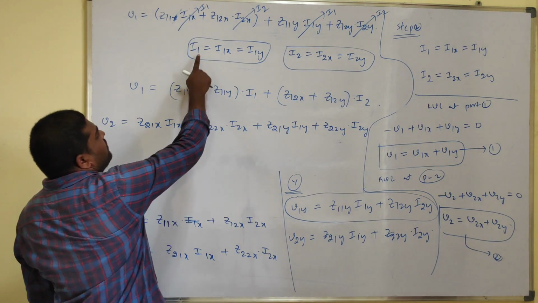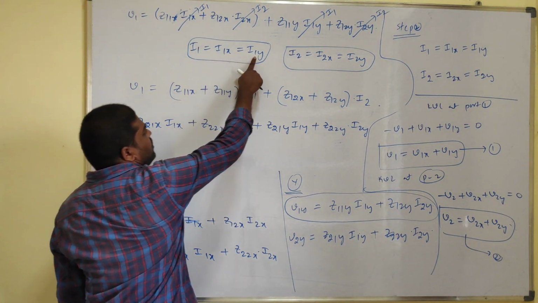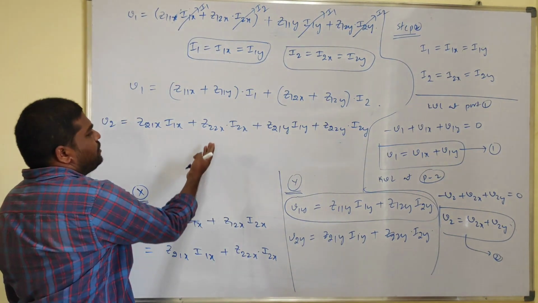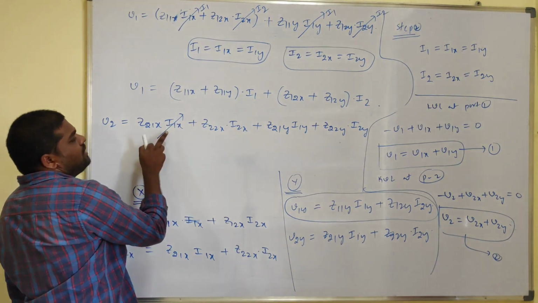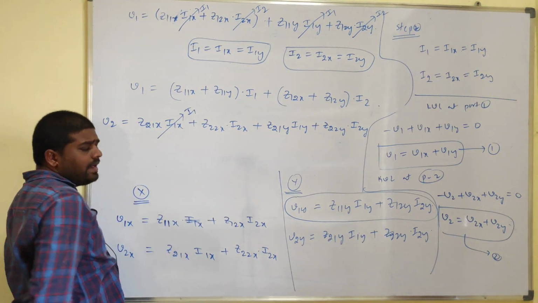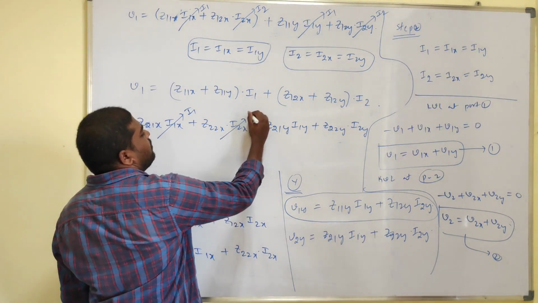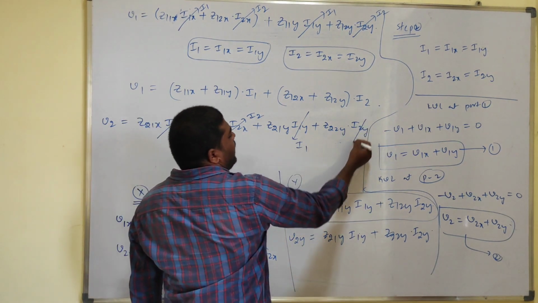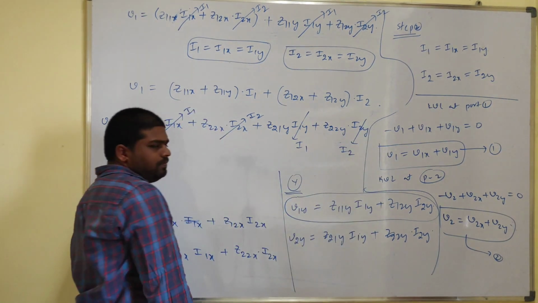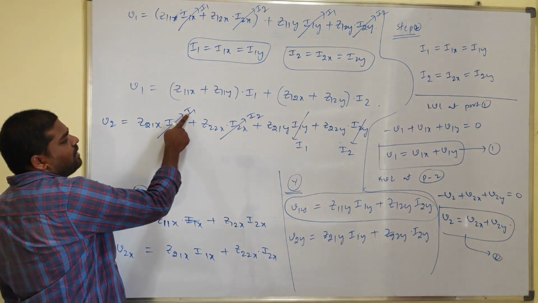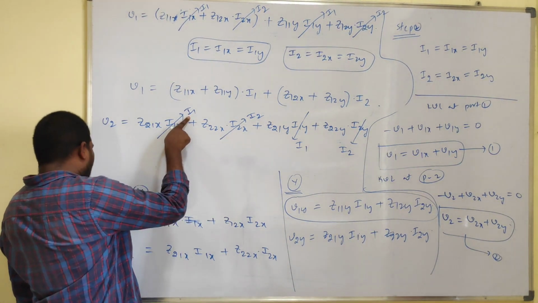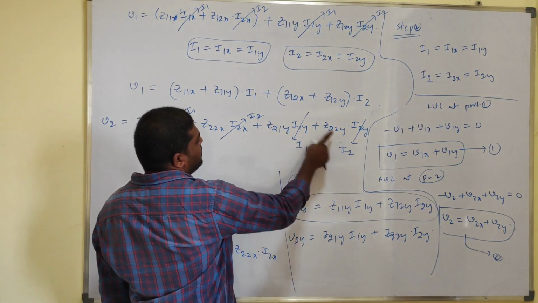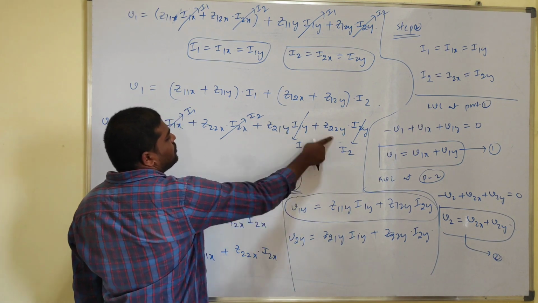So here the observation is I1 equals I1x equals I1y, and I2 equals I2x equals I2y. The same thing you can substitute here. I1x can be replaced with I1, and I2x with I2. Here I1y can be replaced with I1 and I2y with I2. Now you can take I1 as a common factor from two terms, and I2 as a common factor from the other two terms.